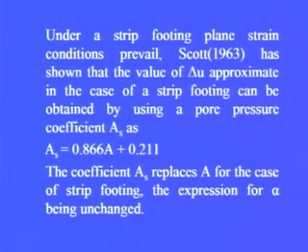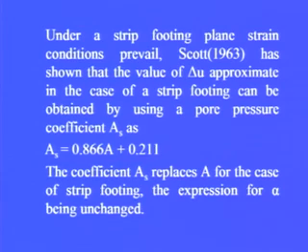Under a strip footing, plane strain conditions prevail. Scott 1963 has shown that the value of delta U in the case of strip footing can be approximately obtained by using a pore pressure coefficient AS as AS equal to 0.866 A plus 0.211.